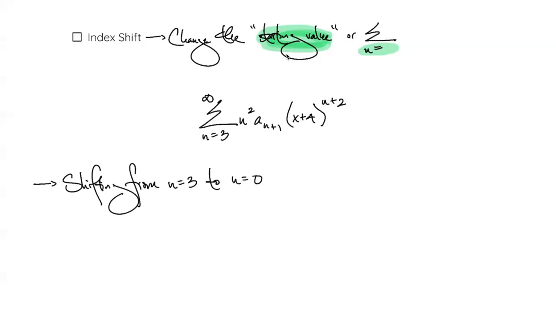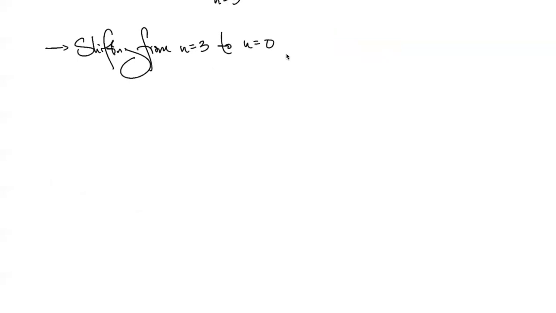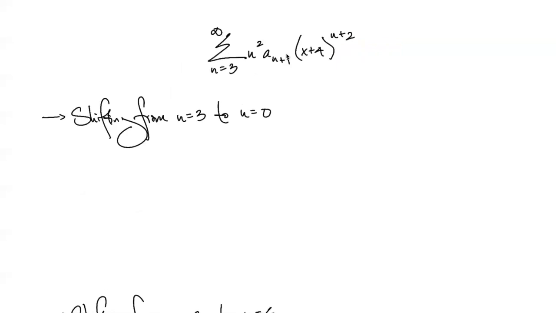So we're going to think about how, if we have a number that is higher than 0, how do we get it back down to 0? And then we're going to talk about shifting from n equals 3 to maybe a higher one, like let's say n equals 5. Okay, so we'll practice that shift in both directions.